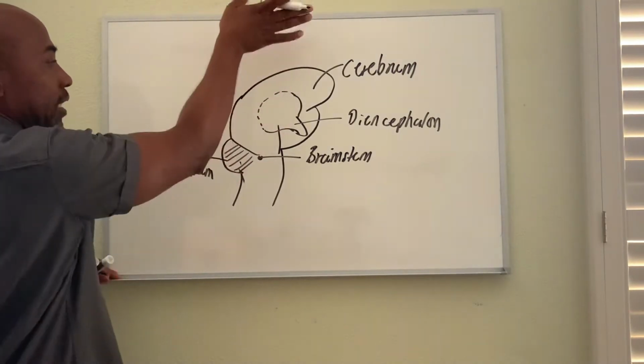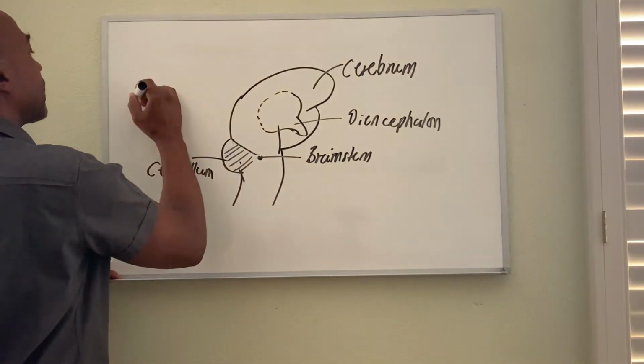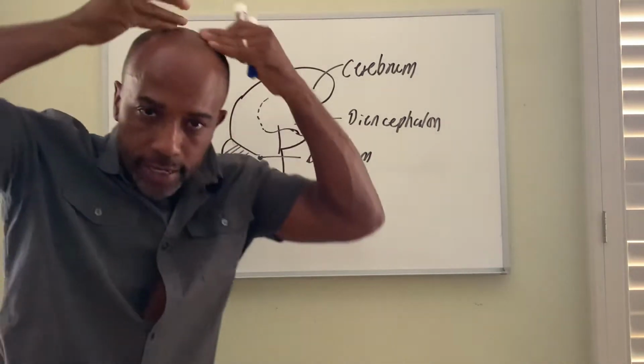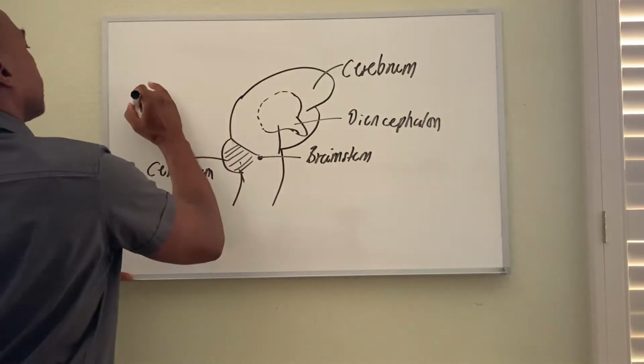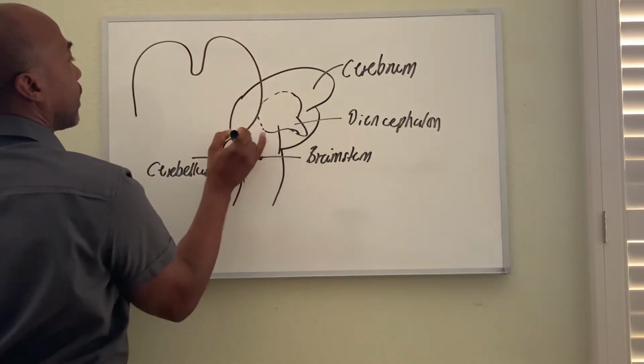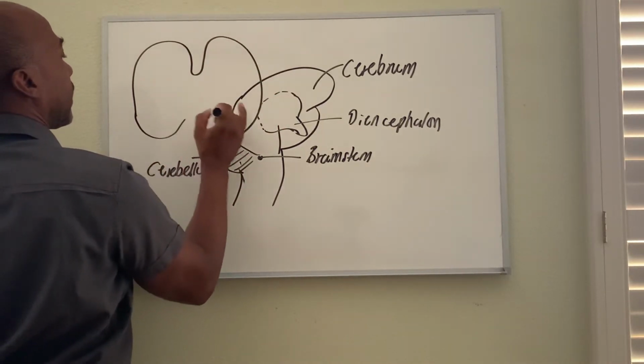So if we were to cut the brain, you would notice that the brain has two areas to it. So let me draw a brain cut this way. Okay, so like this. That's the brain cut that way.